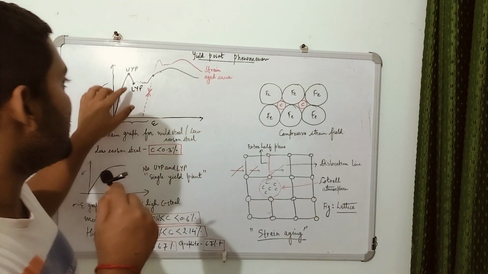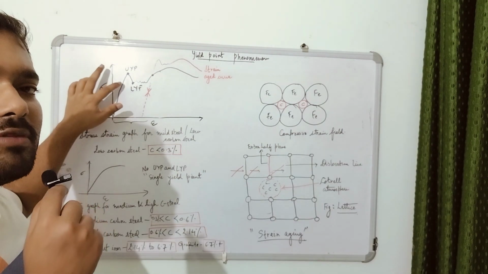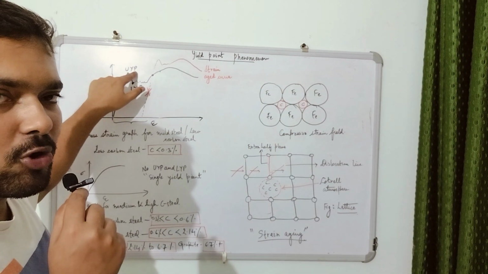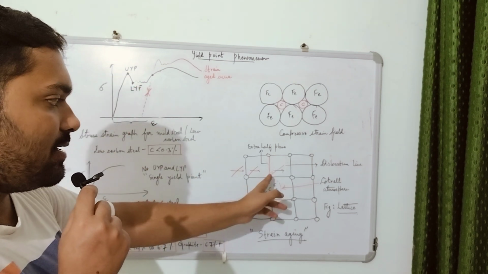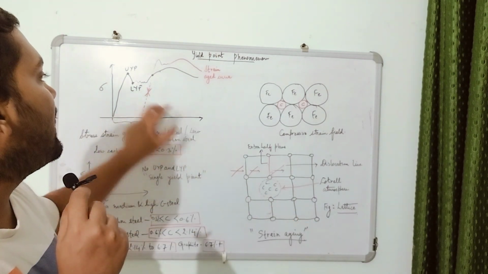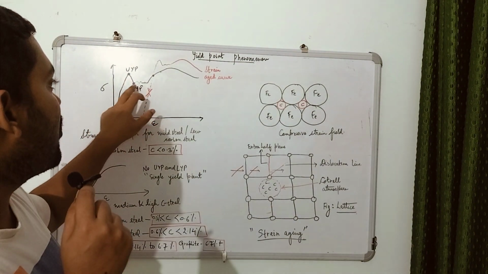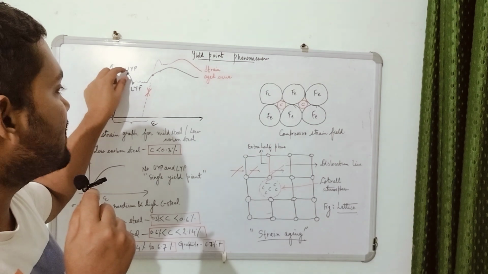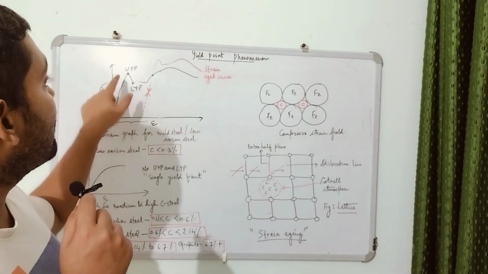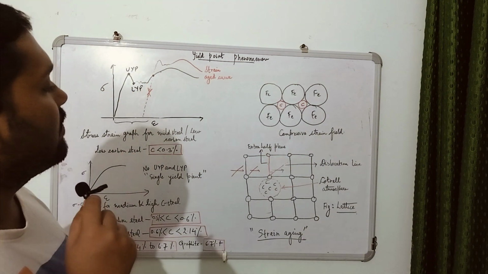So that's why the yield strength of the material suddenly increases and reaches the upper yield point. And as soon as this dislocation line moves ahead of this Cottrell atmosphere, we get to see a lower yield point. The yield value suddenly drops, and so we see only this lower yield point.